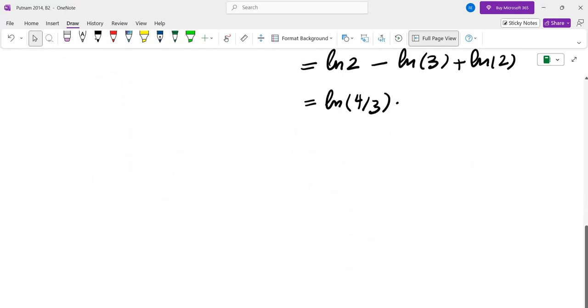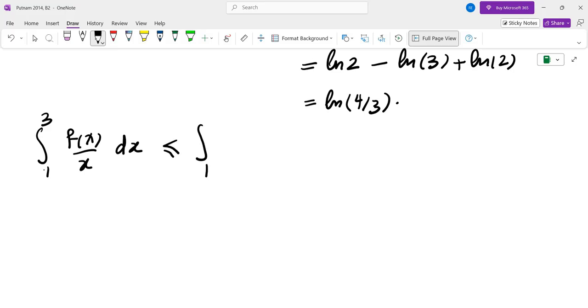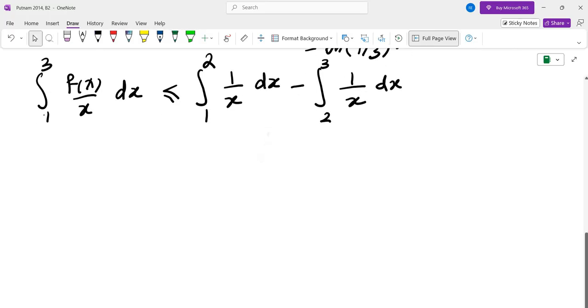So what am I trying to prove now? If I take the integral from 1 to 3 of f of x over x dx, I'm trying to prove this is less than or equal to integral from 1 to 2 of 1 over x dx plus, or rather minus, integral from 2 to 3 of 1 over x dx. So let's see if I can do that.